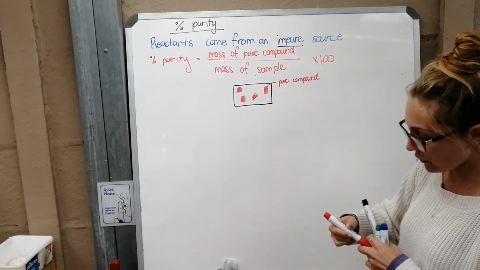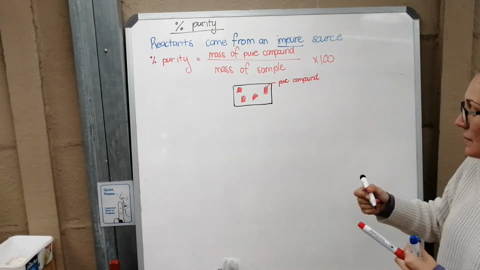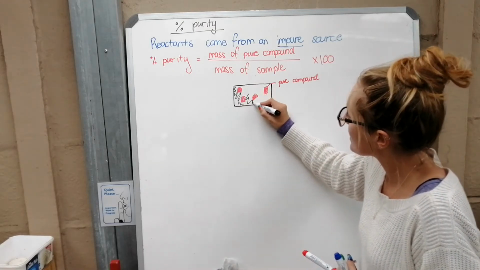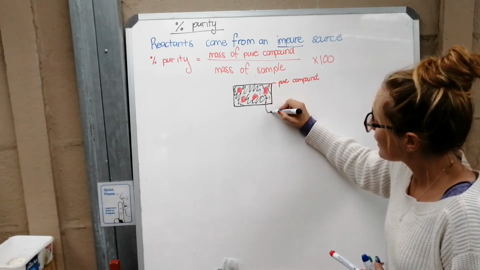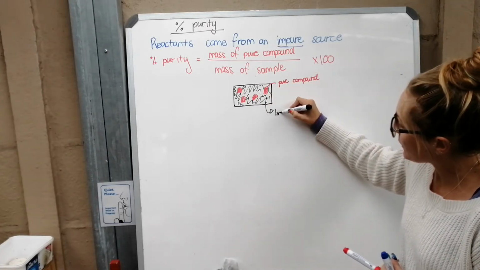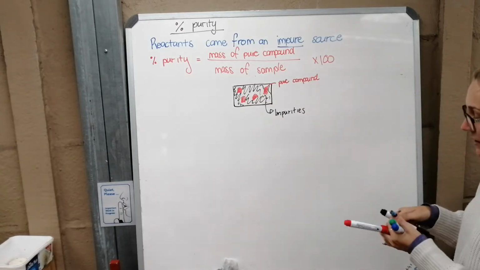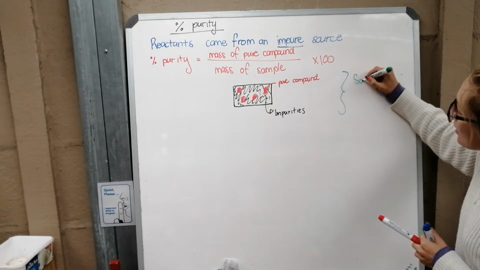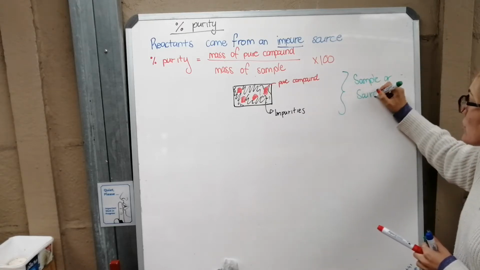But a lot of your sample, a lot of the source of your magnesium oxide or whatever your pure compound is, is going to be impurities, so other things that are not magnesium oxide. So we've got our pure compound and then we also have impurities, and in total, this whole thing together is our sample or sometimes source.